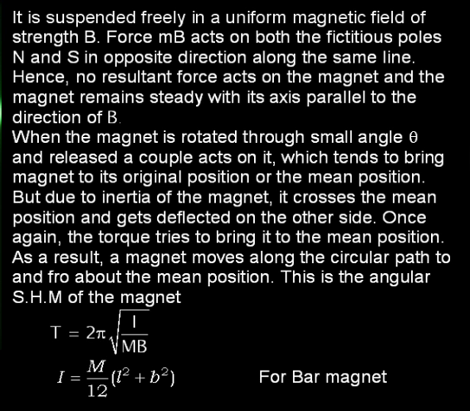For a bar magnet, the moment of inertia I is given as I is equal to m upon 12 into bracket L square plus b square, where L is length of the magnet and b is breadth of the magnet. Thus, we can calculate the period of oscillation of a magnet suspended in a uniform magnetic field when rotated through very small angle theta.